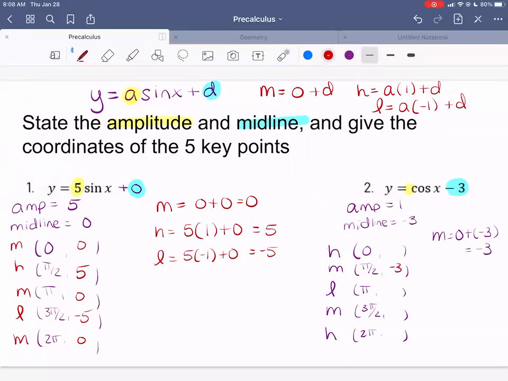So at all of those middles, we're going to put in a -3. Our high is going to be 1 times 1 plus -3, and that's going to give us a -2. So our high is -2. Our low, 1 times -1 plus -3, is going to give us a -4. And there we have our high, middle, low, middle, high.